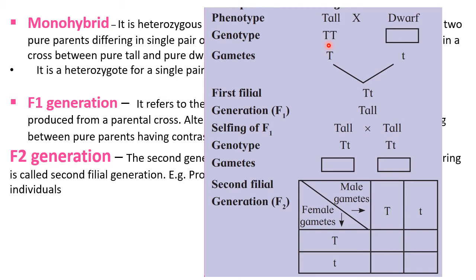The pure tall plant shows both capital T while the pure dwarf plant shows small t small t. Then they produce an equal number of gametes, and the tall pea plant is cross pollinated with the dwarf pea plant.